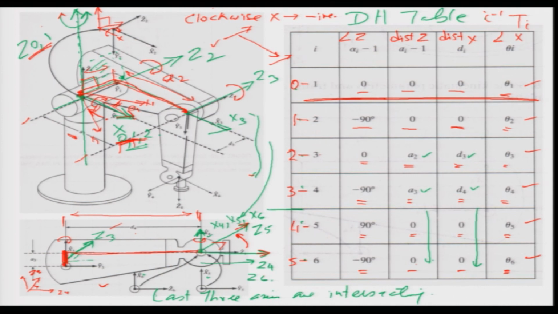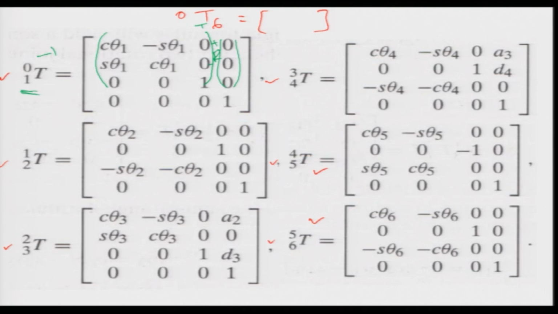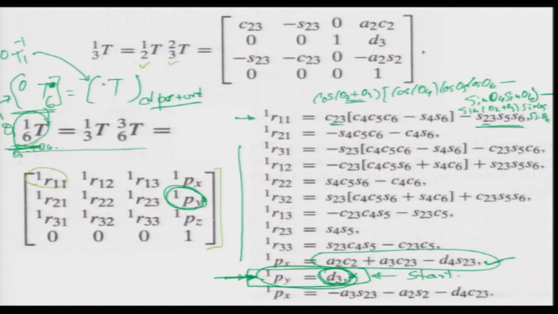If the origins were not the same, for example if I had the origin of the 5th frame somewhere here and shifted it here, a distance would come in, between something here and something here. Then the final structure would not be like this, because some other element would get added, and we would not have the same structure as we are getting here.